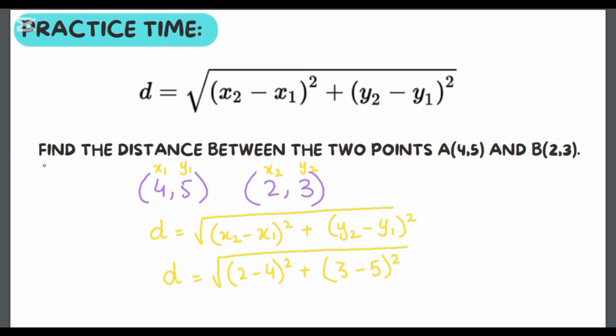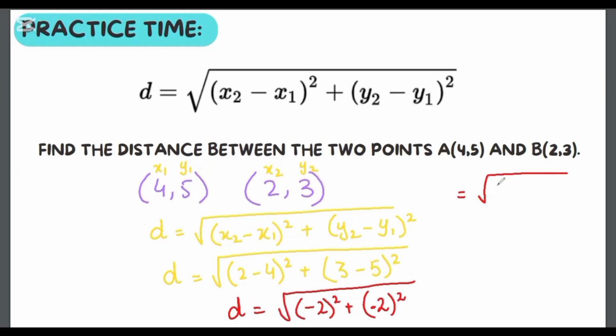Now solve whatever is present within the brackets. d equals under root, 2 minus 4 is minus 2, whole square, plus 3 minus 5 is minus 2, whole square. Now calculate the squares of the numbers. Under root, square of minus 2 is 4, plus square of minus 2 is 4. This gives us under root 8.